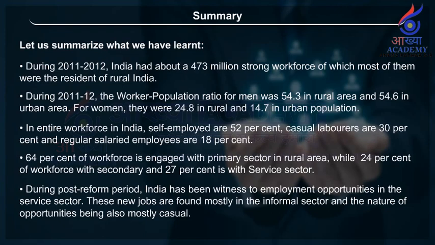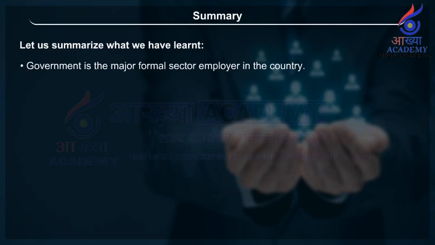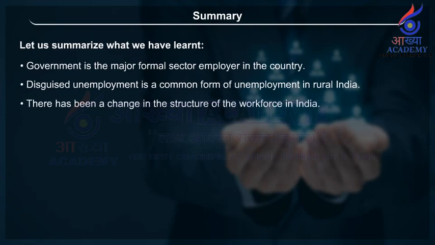These new jobs are found mostly in the informal sector and the nature of opportunities is also mostly casual. Government is the major formal sector employer in the country. Disguised unemployment is a common form of unemployment in rural India. There has been a change in the structure of the workforce in India.